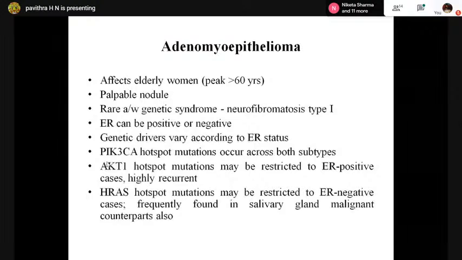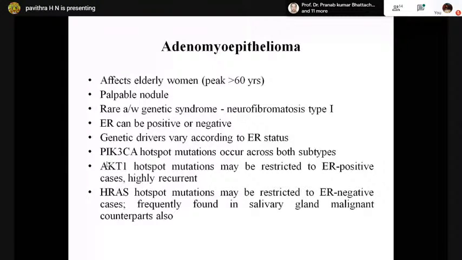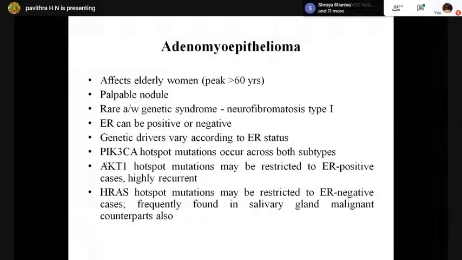A rare genetic association is seen with genetic syndromes like neurofibromatosis type 1. The genetic drivers are categorized according to the ER status, which can be either positive or negative. The AKT1 hotspot mutation is mostly seen in ER positive cases, and AKT1 hotspot mutation associated adenomyoepitheliomas are more highly recurrent.